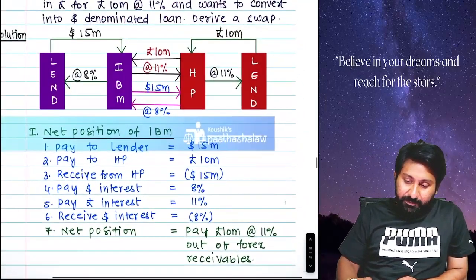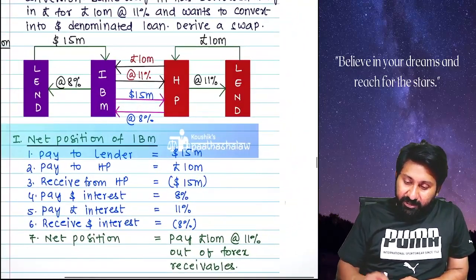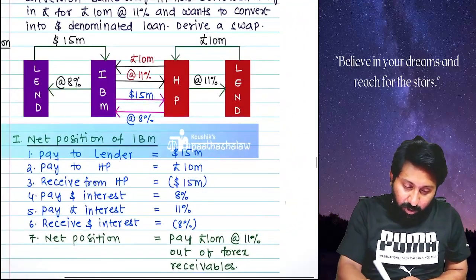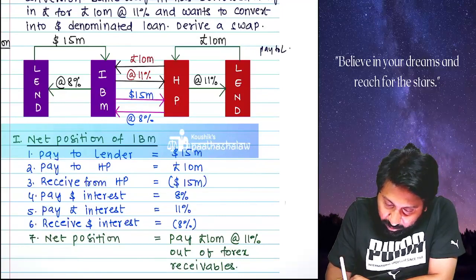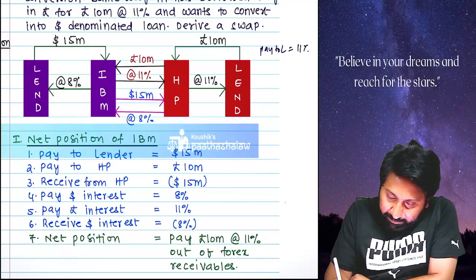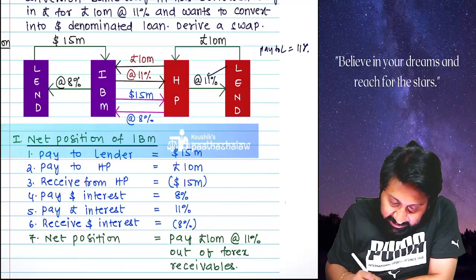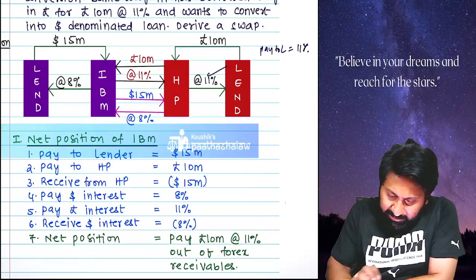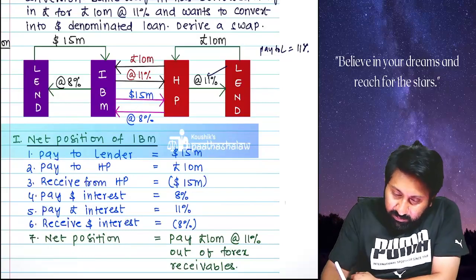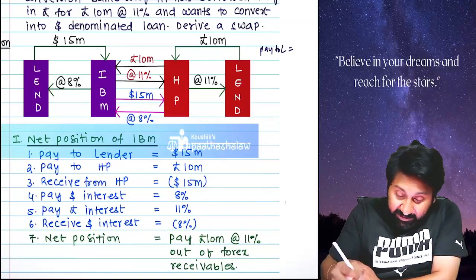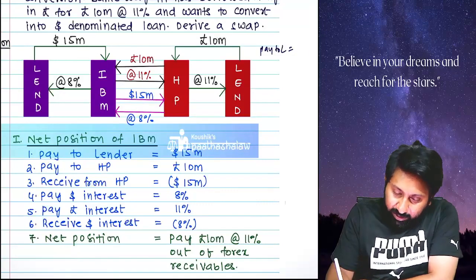Net position of HP. First, net position of HP, you tell me. I will write here. Don't copy the answers. HP pays to lender, 11%. One transaction over. And the lender lent money. Sorry, let's not write in percent. First write down the amounts. Pay to lender, 10 million pounds.